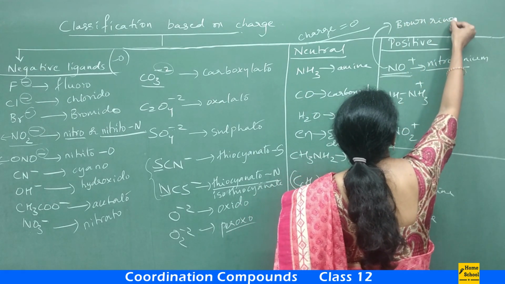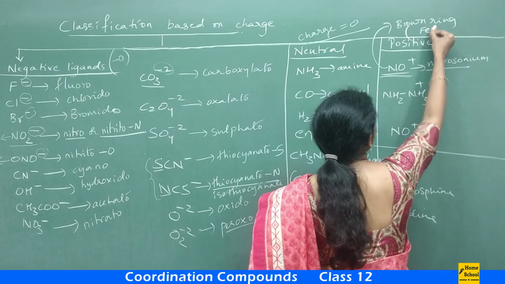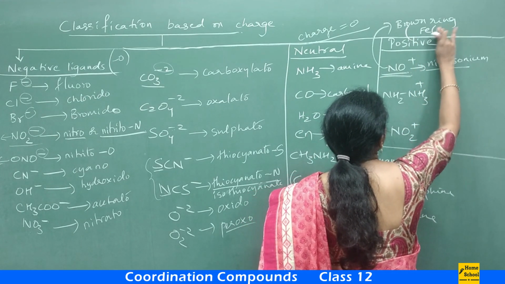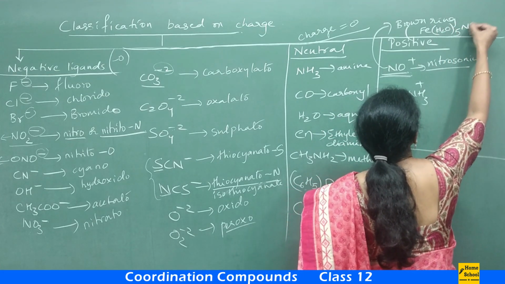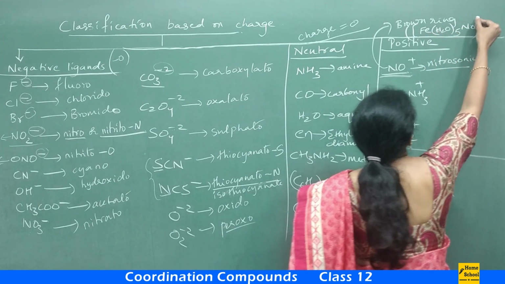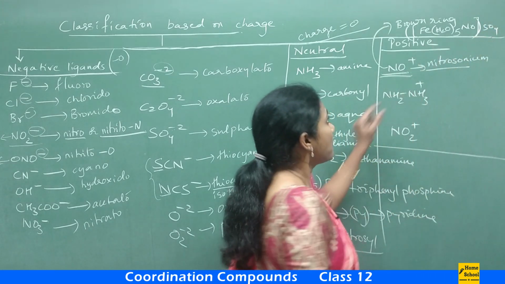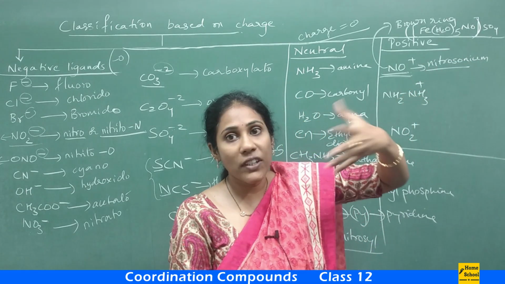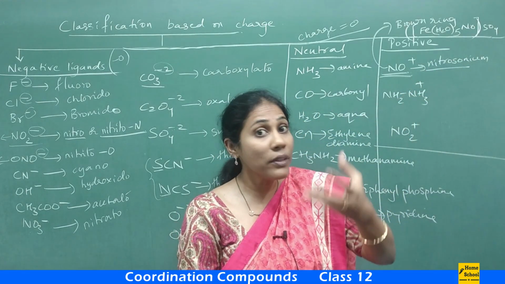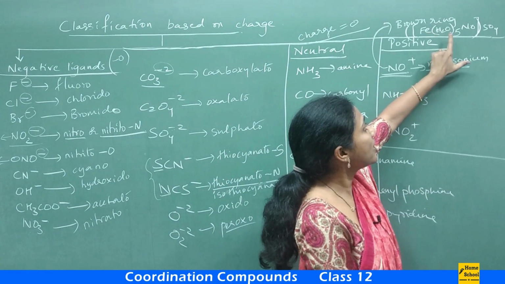Okay, so the brown ring compound is a complex of Fe, H2O 5 times, NO. Okay, so this is that brown ring compound. You will do a test for nitrate now, where you will observe brown ring formation in a test tube during practicals. The brown ring compound is this.